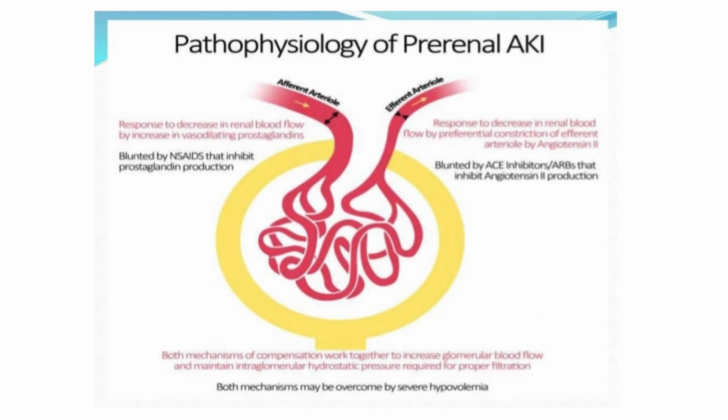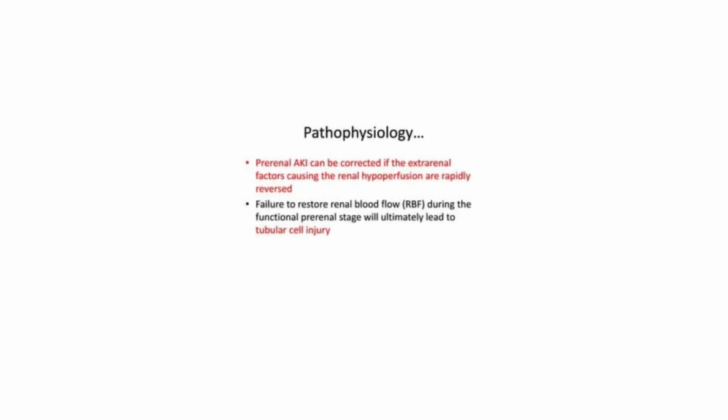The pathophysiology of acute kidney injury varies by etiology, but ultimately it leads to decrease in the glomerular filtration rate. So, in pre-renal acute kidney injury, reduced blood flow lowers renal perfusion pressure, decreasing filtration, and if prolonged, this can progress to intrinsic injury.